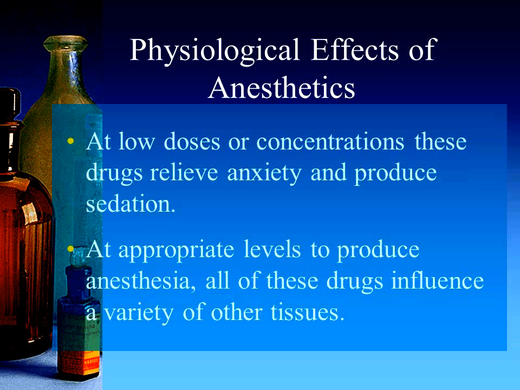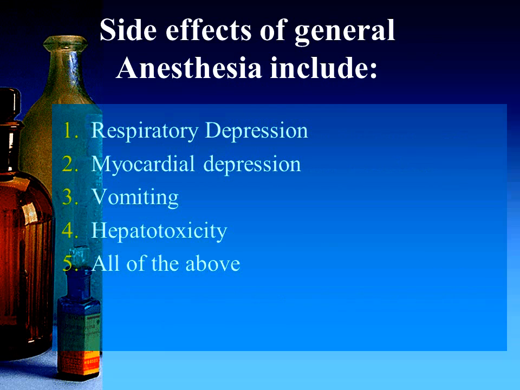So when we talk about the side effects of general anesthetics, we need to consider the fact that the medications are being distributed throughout the entire body, and therefore they have an influence on a variety of the other tissues in the body.